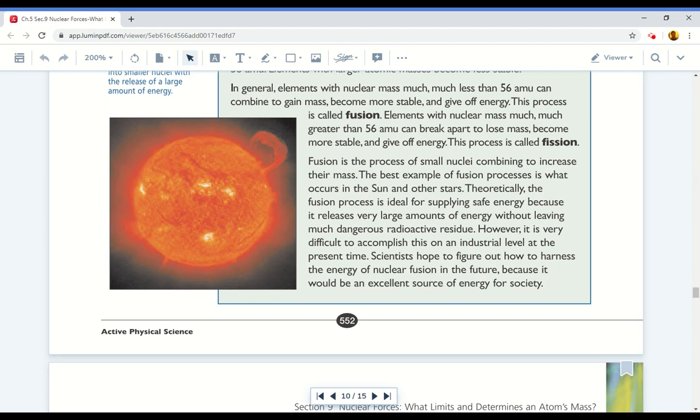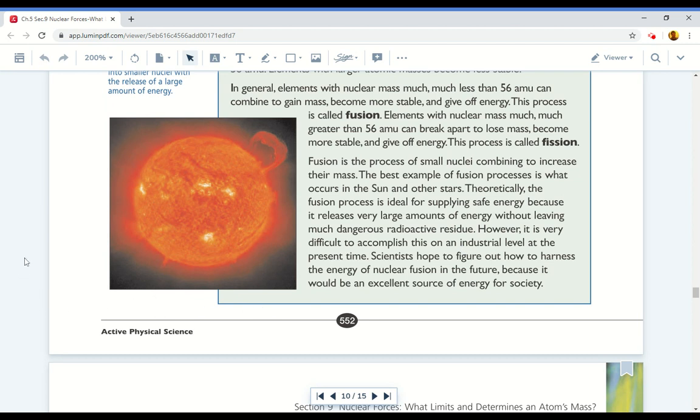Fusion is the process of small nuclei combining to increase their mass. The best example of fusion processes is what occurs in the Sun and other stars. Theoretically, the fusion process is ideal for supplying safe energy because it releases very large amounts of energy without leaving much dangerous radioactive residue.